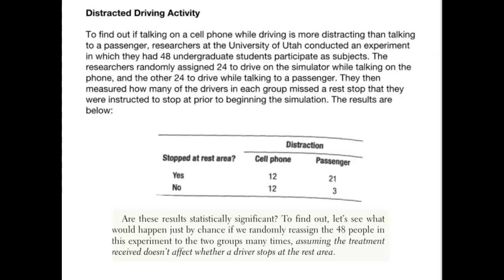What I want to know is, are these results statistically significant? And to find out, let's see what would happen if just by chance we were to randomly reassign the 48 people in this experiment to two groups many times, assuming the treatment received doesn't affect whether a driver stops at the rest area.